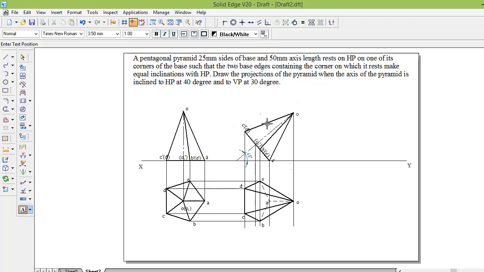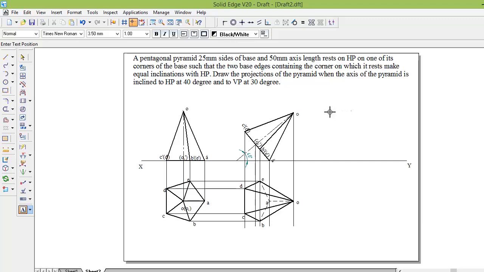I have done the second position. Then the third, there is VP at 30 degree. Whenever axis inclination comes, we have to remember that it is the beta angle problem.